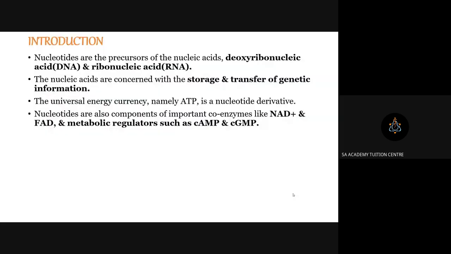Okay, so a nucleotide is a precursor for the synthesis of DNA and RNA in a cell. You should also remember that the major function of nucleic acids is storage and transfer of genetic information.